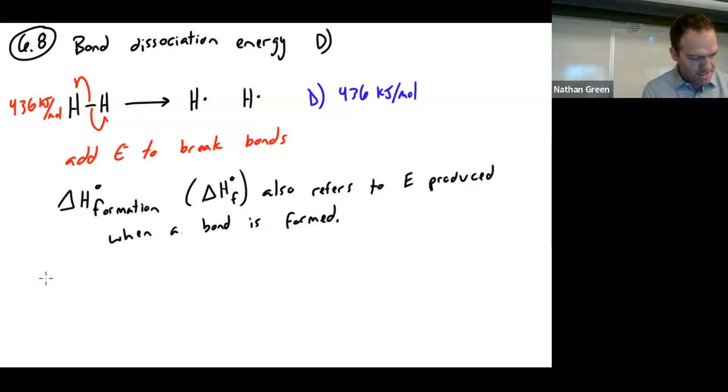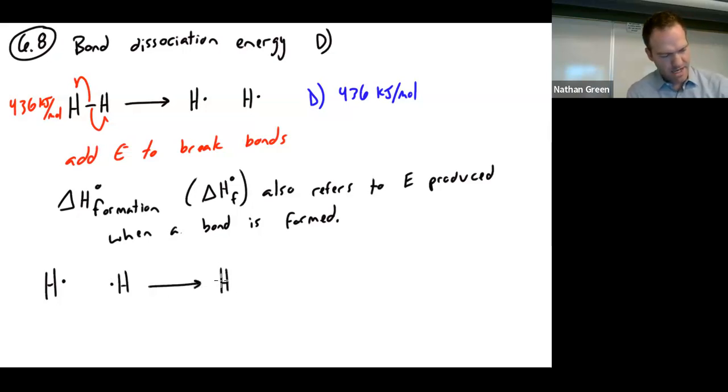So if I wanted to refer to delta H of formation, that's the opposite, right? I'm taking an H radical and an H radical, and I'm going to form an H2 molecule here. How do I show arrows for that? One goes here, one goes there, form a bond.